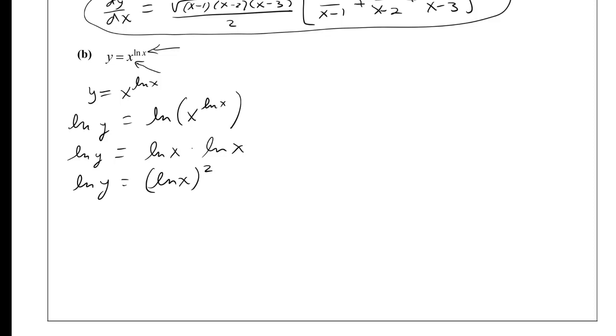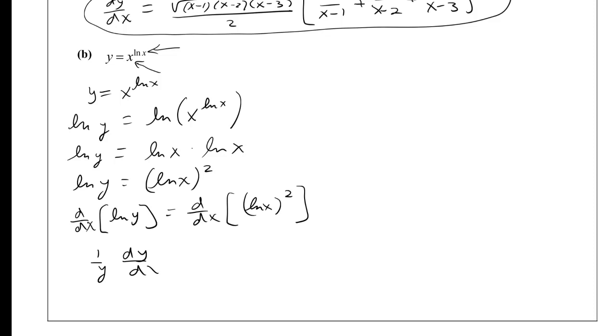So now I'm going to do my differentiation. So I do the derivative of the left-hand side equal the derivative of the right-hand side. All right, now notice, again, I have an implicit on the left here, so 1 over y dy dx. But on the right-hand side, what do I have? On the outermost, I have something squared. So it's going to be 2 ln x to the 1 power times the derivative of ln x, which is 1 over x.